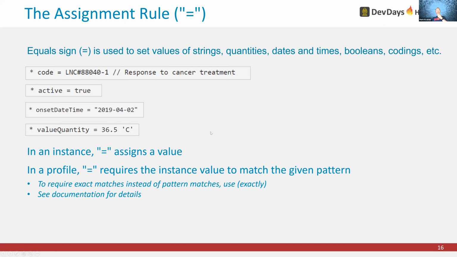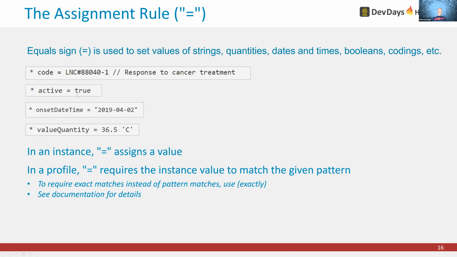Assignment rules are very common. The equal signs are used to set values of strings and quantities and dates and times. You'll see that all over. For example, you can set a code to a LOINC code. Don't forget the hash sign is the way that we represent a code. So this is LOINC code 88040-1.